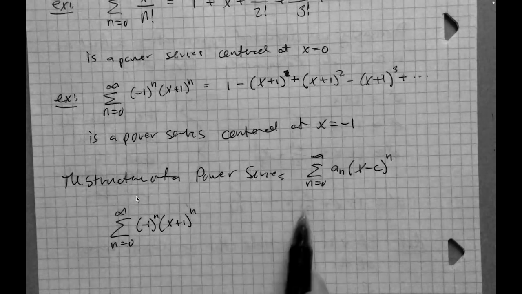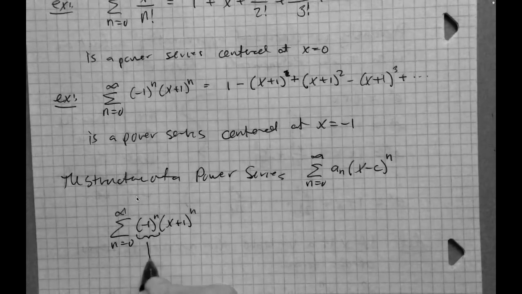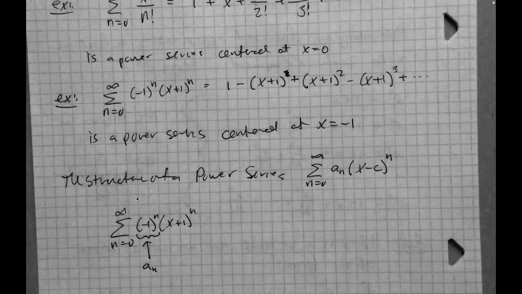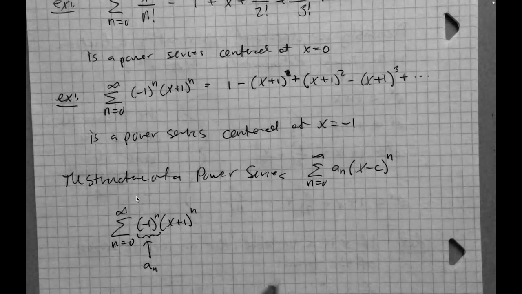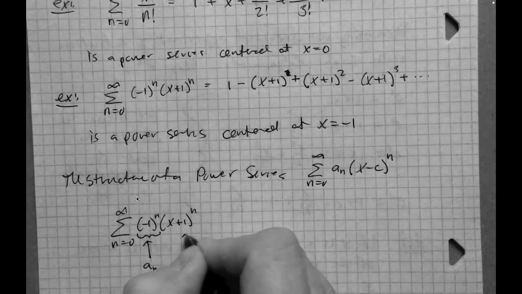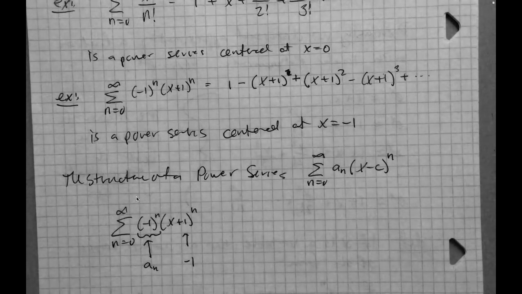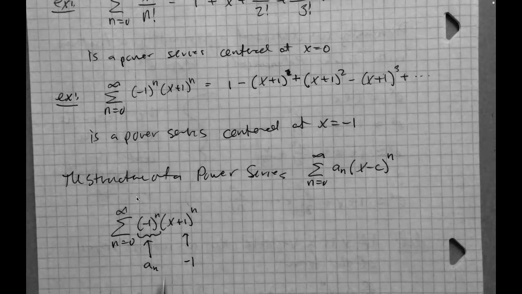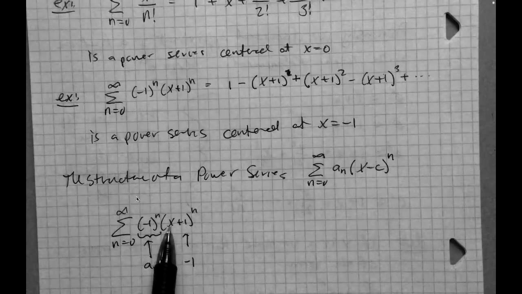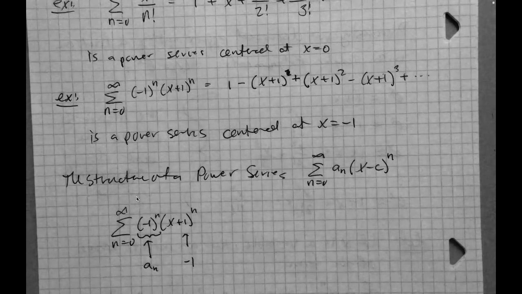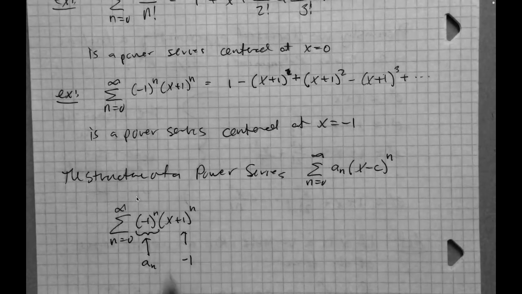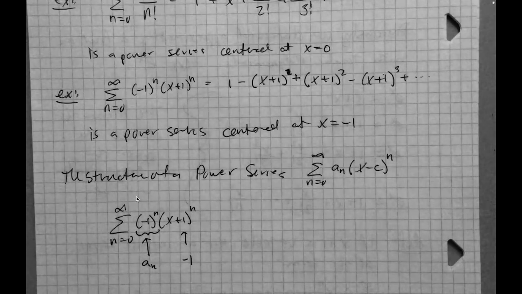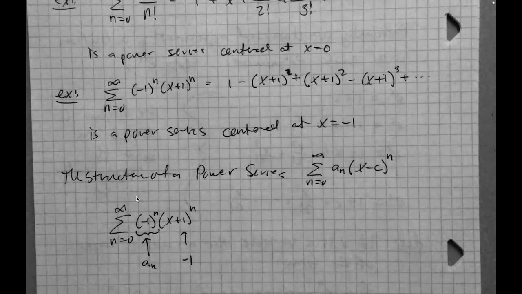So the a sub n in our case is this piece here. And then the c here is -1. You can think of this as x minus -1, otherwise known as x plus 1. Keep in mind that structure.